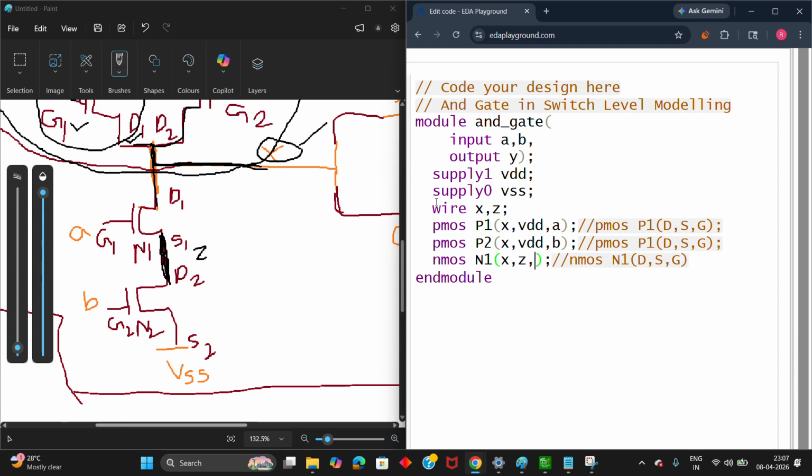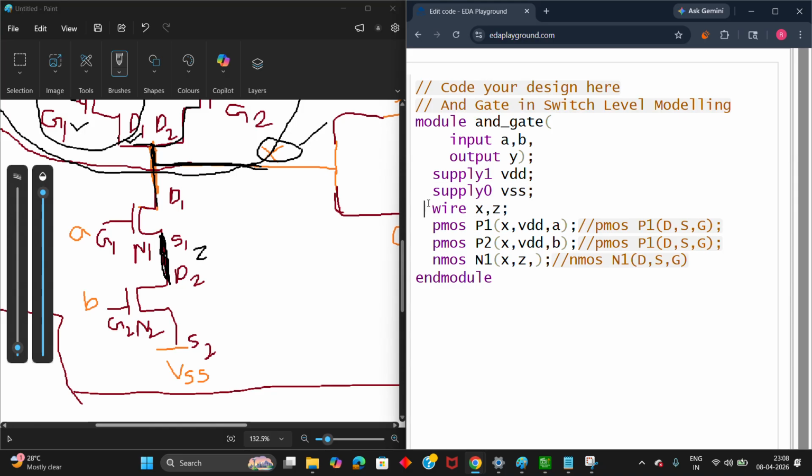Okay, these signals are internal signals, so we are not going to specify them in the port list. These are internal signals which we cannot see outside. After the chip manufacturing, we cannot see these particular wires.